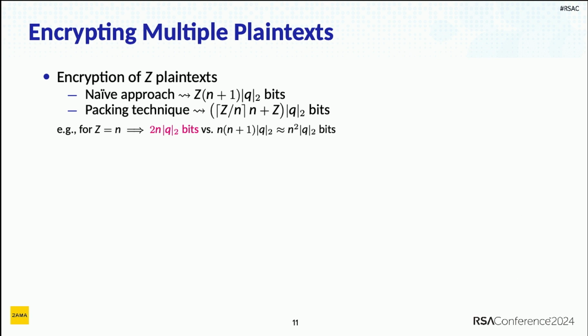Just to give you an idea, if you take, for example, Z equal to N, the naive approach will require N squared times the size of Q bits. In this case, you replace N squared by 2N, which is a big improvement. Remember that N typically is 1000.